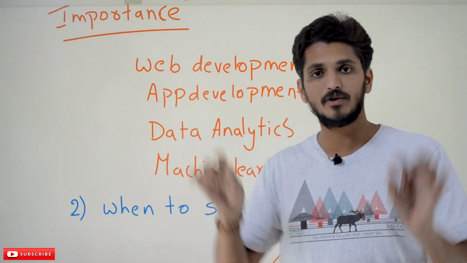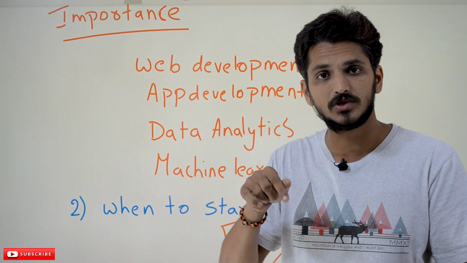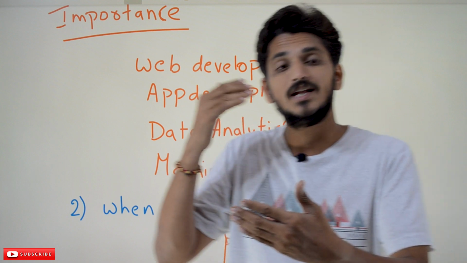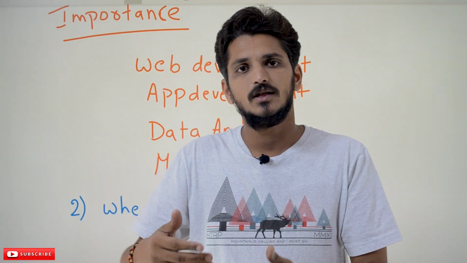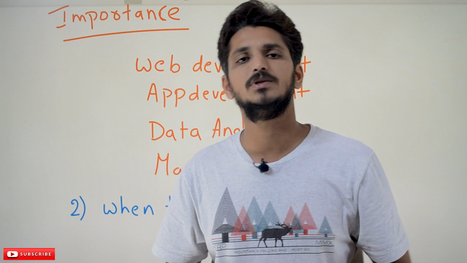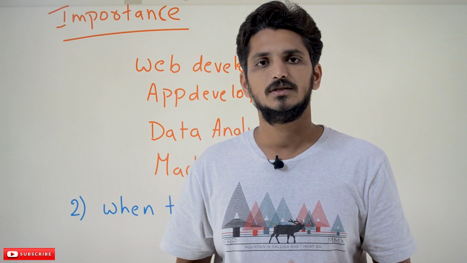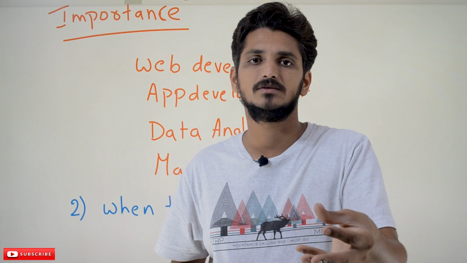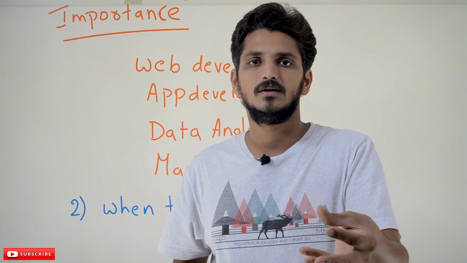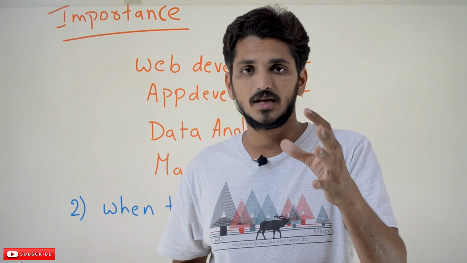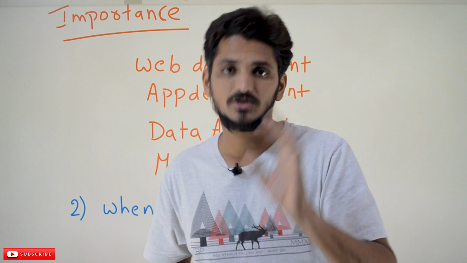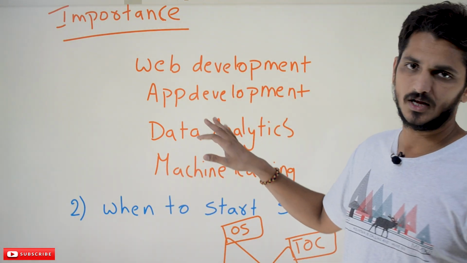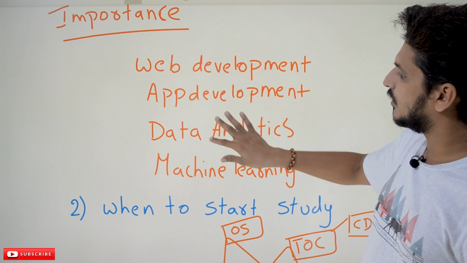If you open a website and want to log in, where are your login details going to be stored? They are stored in a database management system. See, for that simple thing, you need a database. So database is compulsory for any computer science student. It is very important.